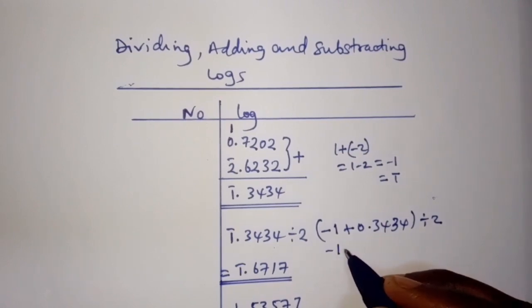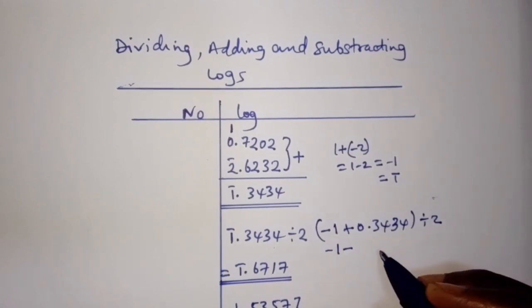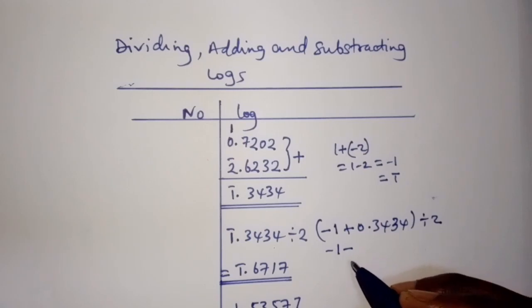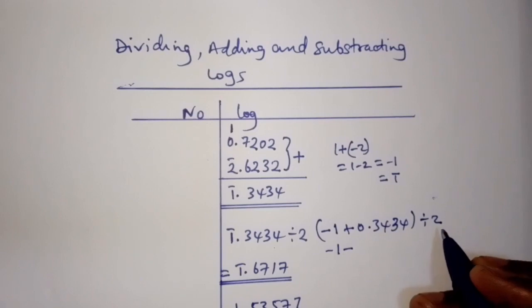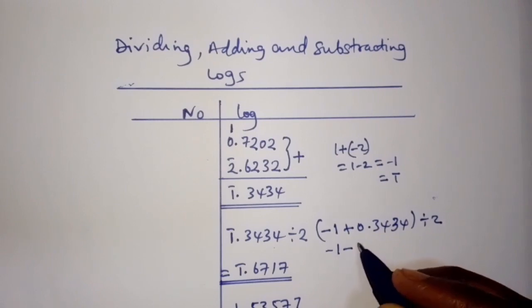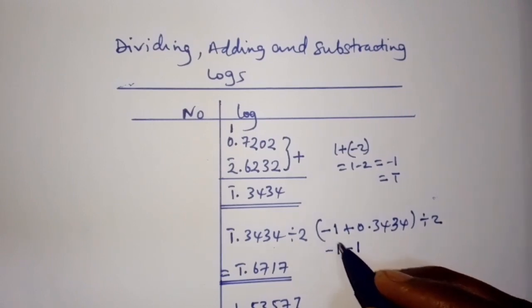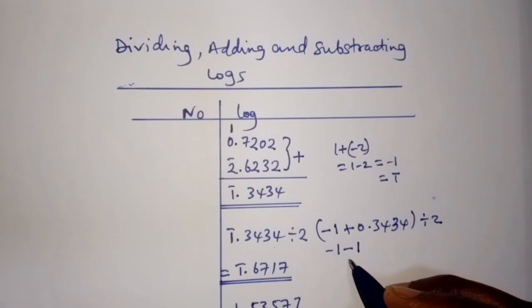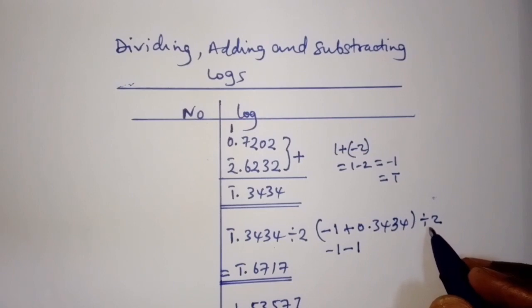We can subtract a number so that after subtracting we can divide it by 2 to get an exact number. We can say that this is negative 1 minus 1. Negative 1 minus 1 is going to give us negative 2, and when we divide negative 2 by 2 we are going to get negative 1.